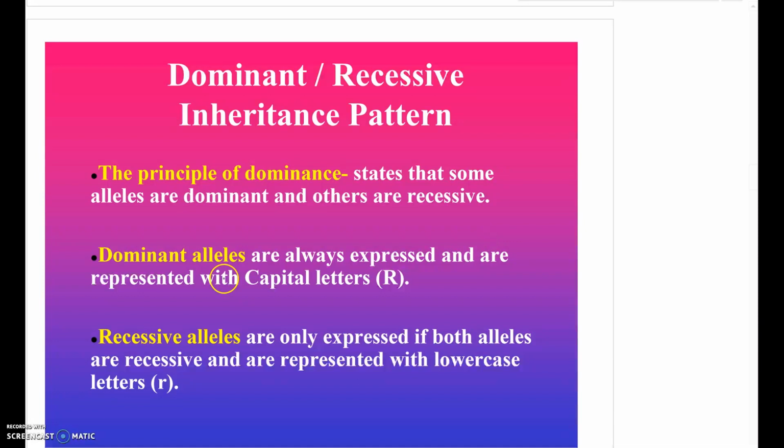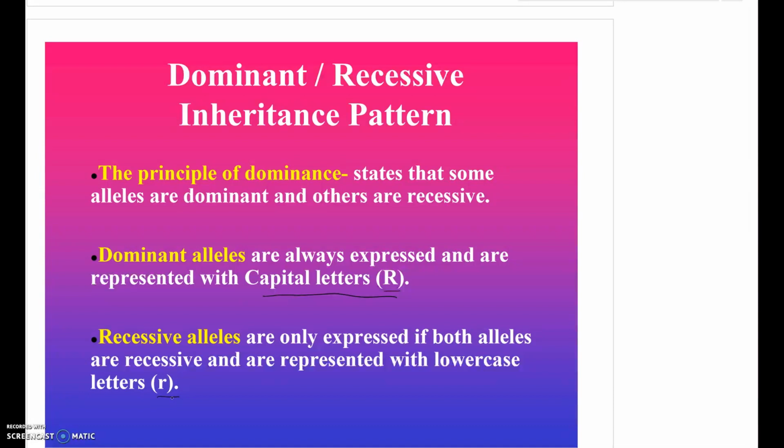The way that we represent alleles that are dominant is by using capital letters. Remember before we said that we would represent alleles using letters of the alphabet. If it is a dominant allele, we'll represent it with a capital letter. And recessive alleles, we represent using a lowercase letter. Recessive alleles only get expressed if there isn't a dominant one present.